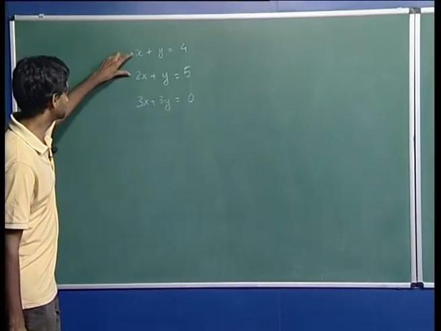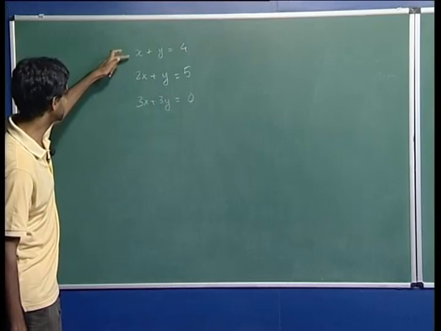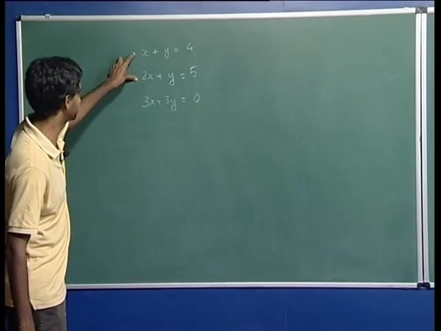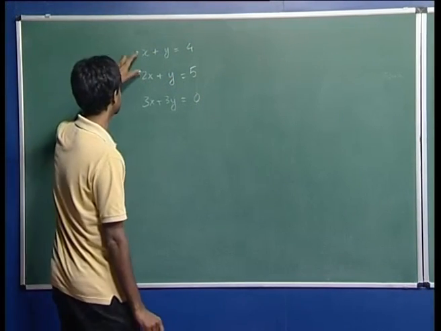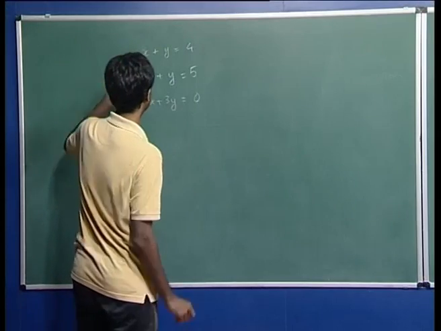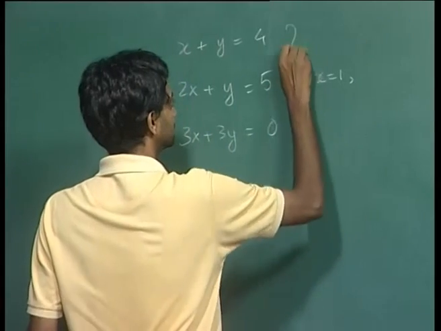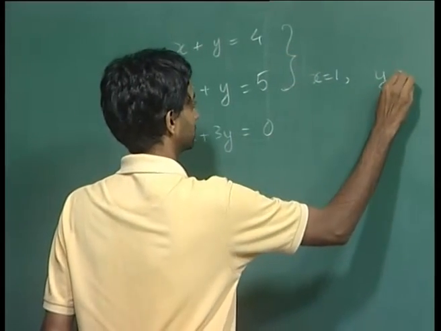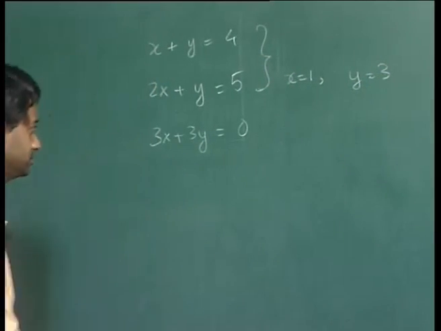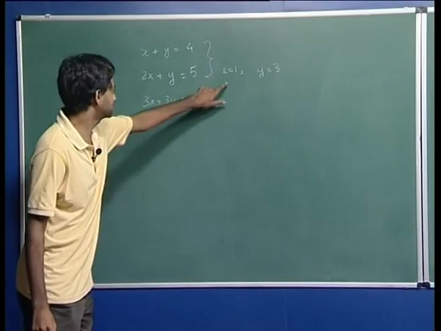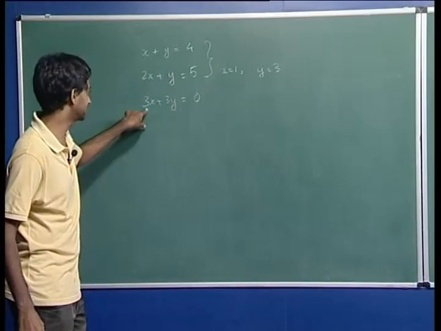Okay. So what happens in this case? Let us say you take the first 2 equations, and when you look at these two, you will get x equal to 1, y equal to 3. Okay. Now when you substitute this in the third equation, you do not get an answer.